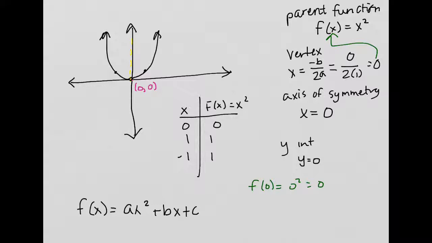Okay, so now let's go back and look at the function in its general form. And this function in its general form tells us something, and this is something that I do want you to remember. So if you're writing this down, make sure you write it down.